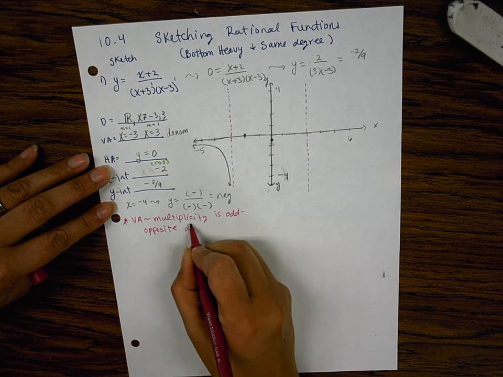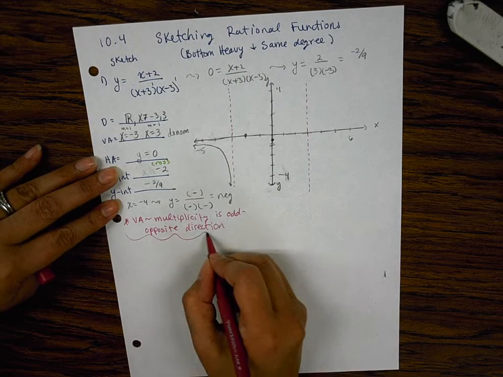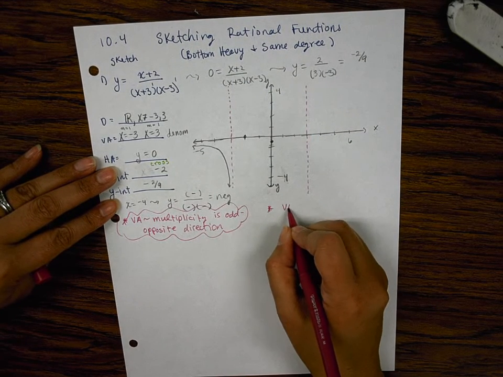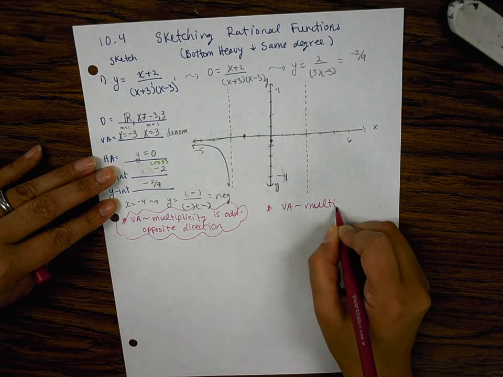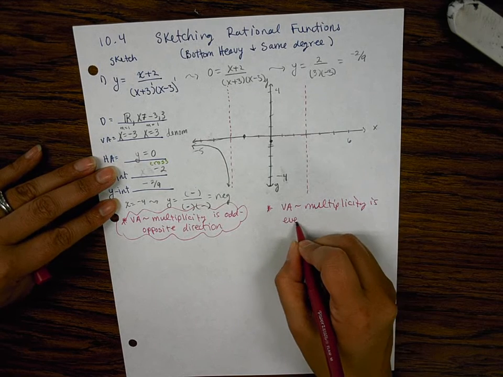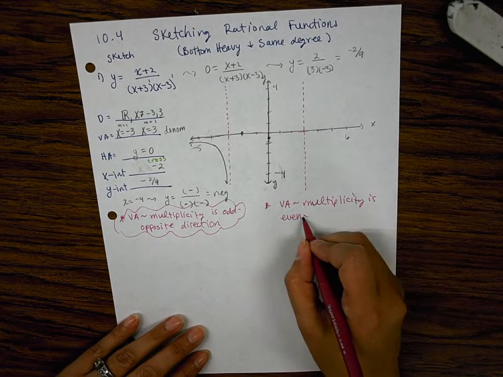Just write it down for now, I will explain. Okay, if your vertical asymptote's multiplicity is even, it is going in the same direction.